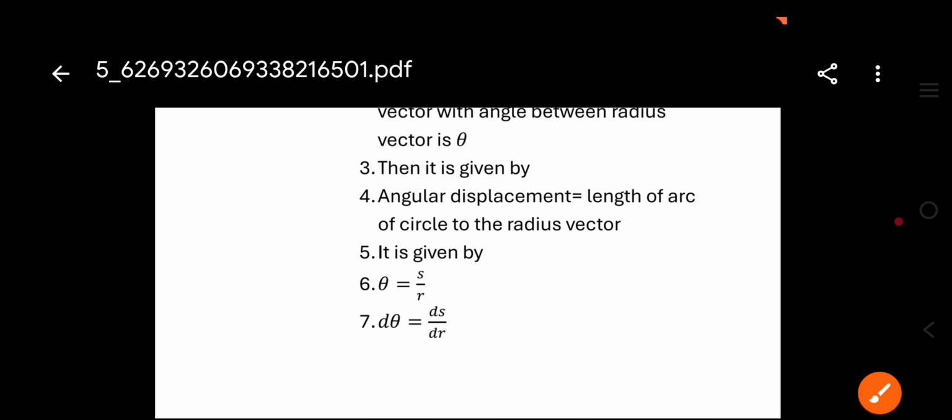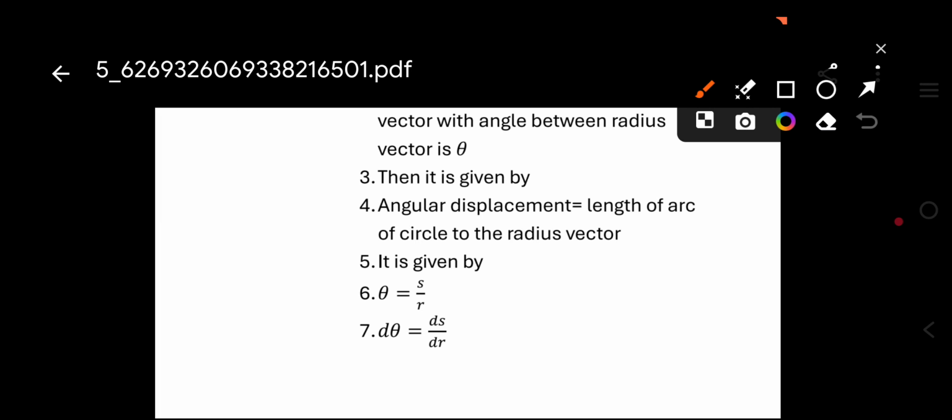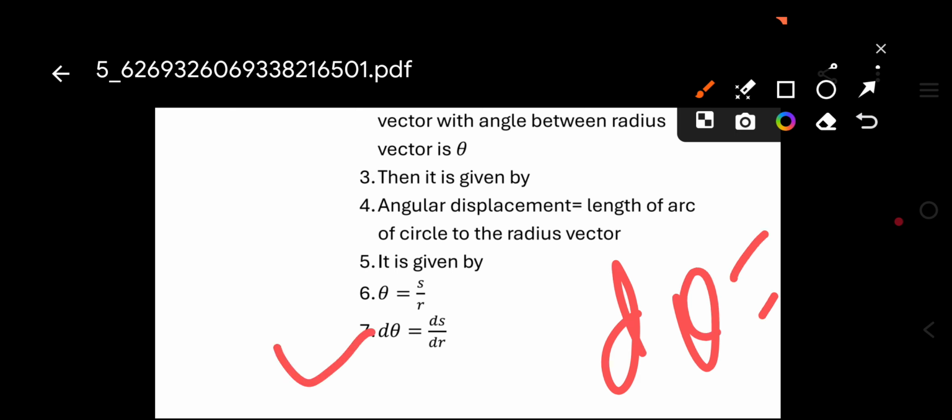Then the angular displacement can also be denoted as d theta, that is d theta is equal to ds upon dr. D theta is the angular displacement, ds is the small length of arc of circle, and dr is the small element of radius vector.